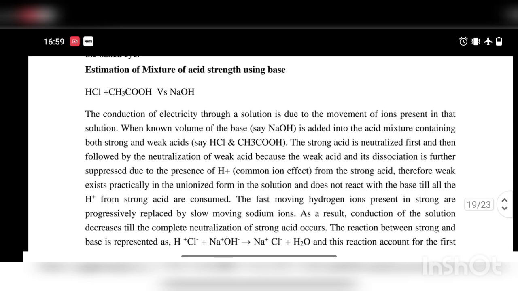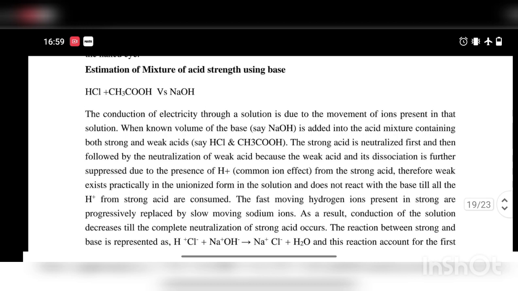If the mixture contains both HCl and acetic acid, the strong acid is neutralized first, followed by the neutralization of the weak acid, because the weak acid is weakly dissociated and its dissociation is further suppressed due to the presence of H+ ions from the strong acid. This effect is known as the common ion effect.